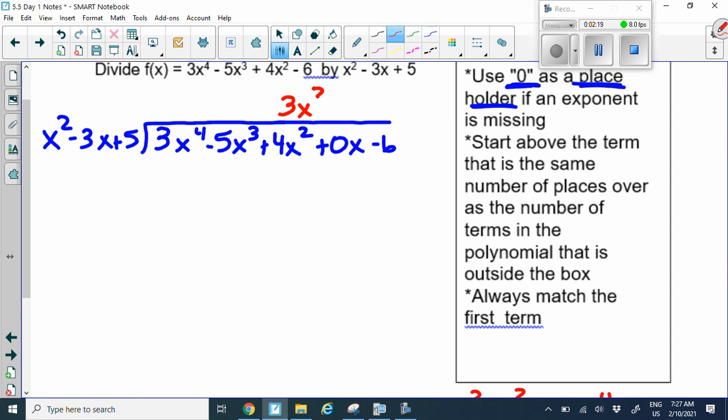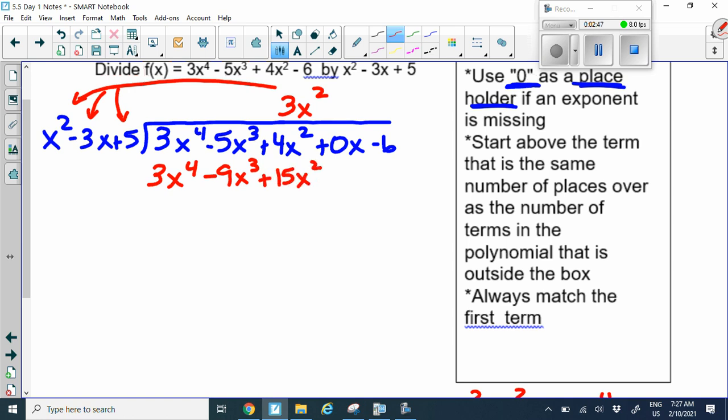So I'm going to match the terms so then I definitely know when I'm done dividing. Now I'm going to take the 3x squared and multiply by all the terms that are outside the division bar. Just think about it like you're multiplying. You've got to multiply by all the terms. So I get 3x to the 4th, then 3x squared times minus 3x gives me minus 9x cubed. And then 3x squared times plus 5 gives me plus 15x squared.